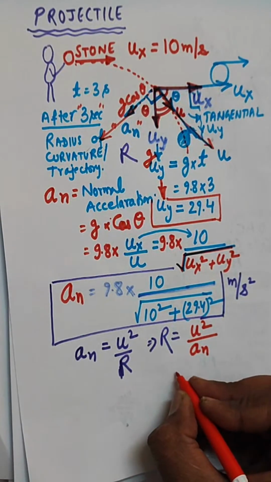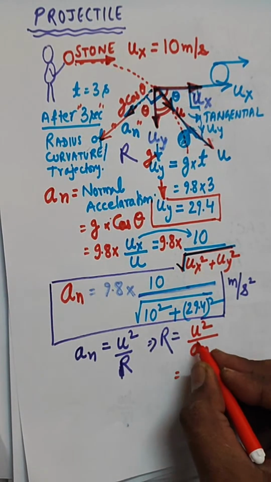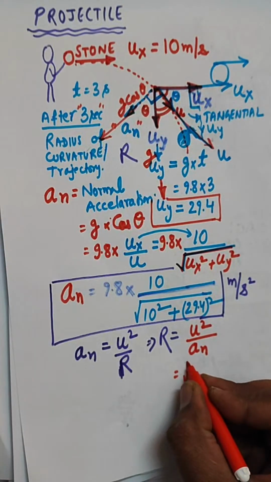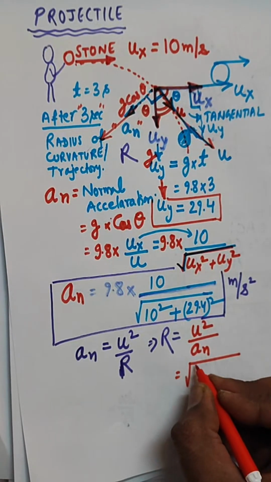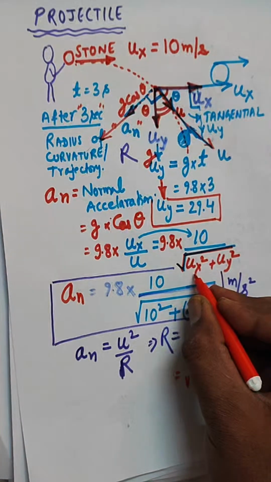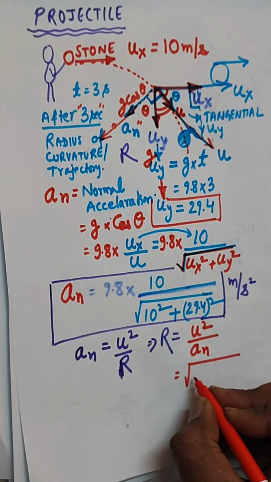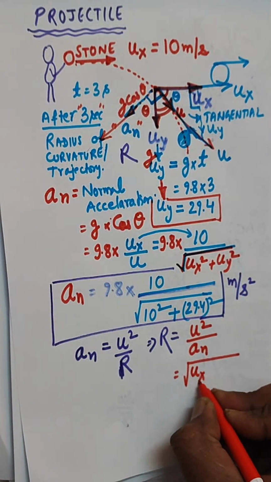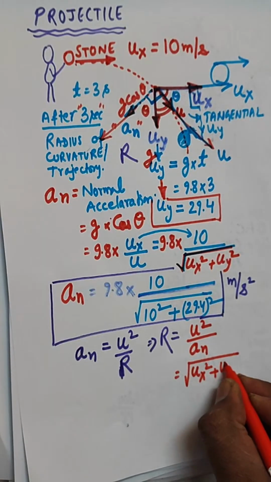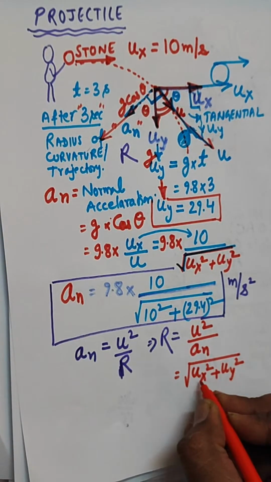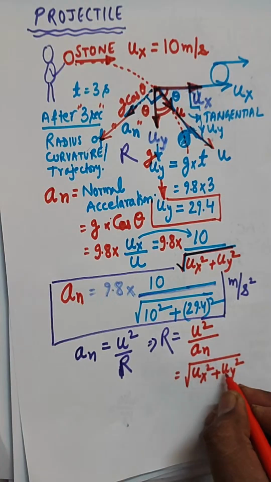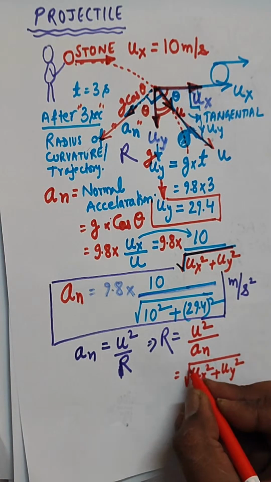U square is nothing but ux square plus uy square, the horizontal component square plus the vertical component whole square under the root.